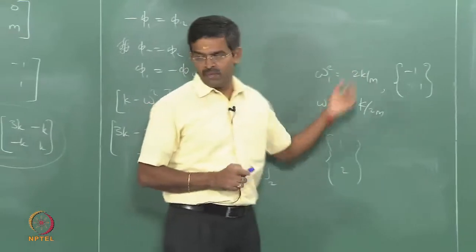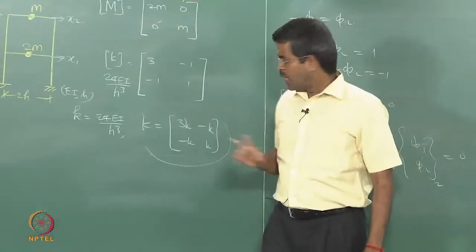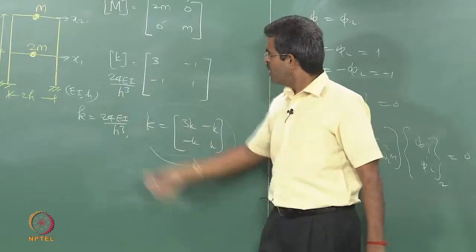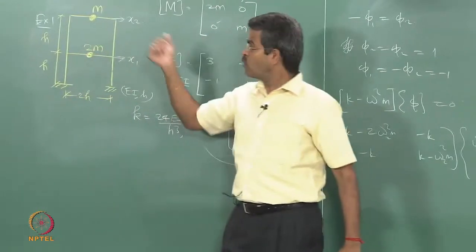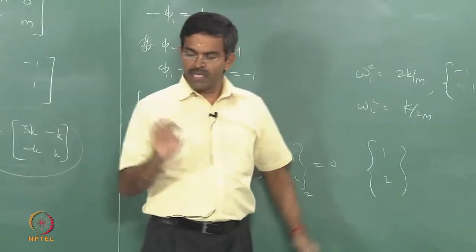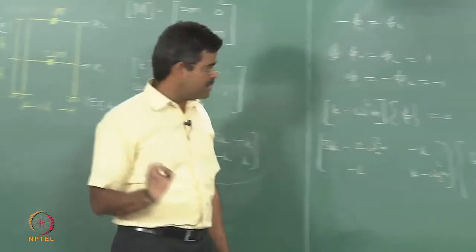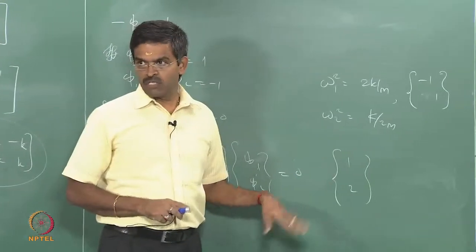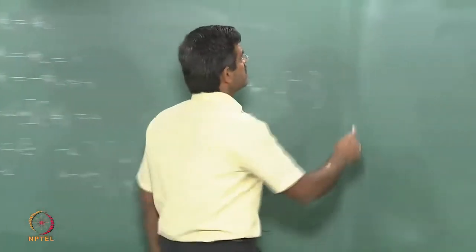Now, k I have 24 E I by h cube, I will know the value of E, Young's modulus, I know the value of I, the section is known to me, I know the dimension, I can find, I know m, I can find and can get the numerical answer, can compare.